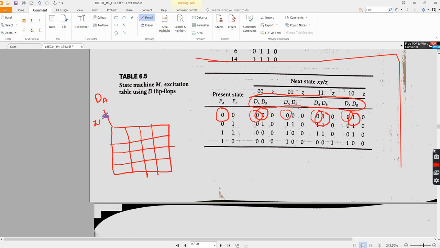I will write XY here, better write FAFB here.